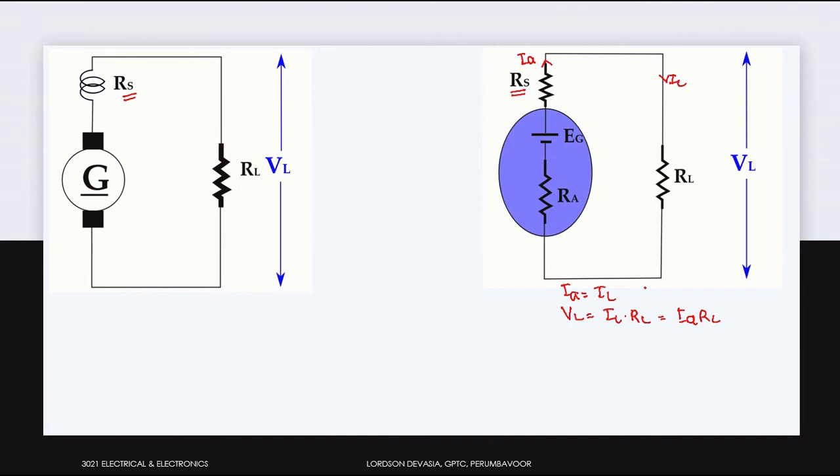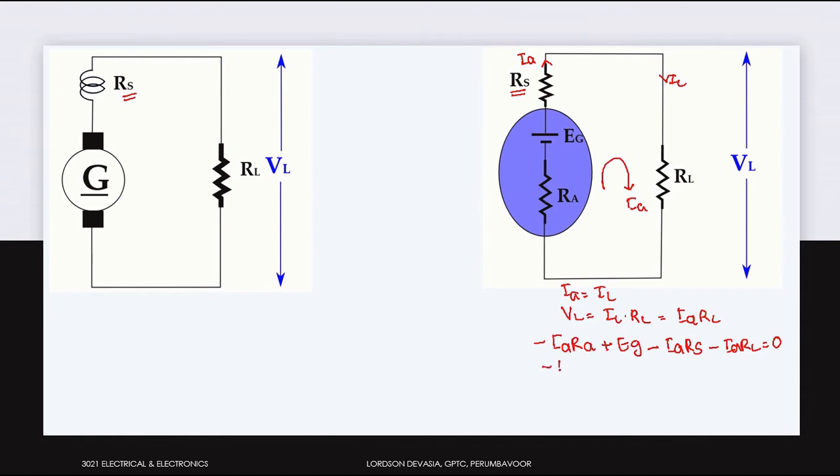Now applying KVL, Kirchhoff's voltage law, in the loop, the current is IA. Starting from the resistance RA, it is a drop, so minus IA RA. Then a voltage rise, so plus EG. Again resistance RS is a drop, minus IA RS, minus IA RL equal to 0.